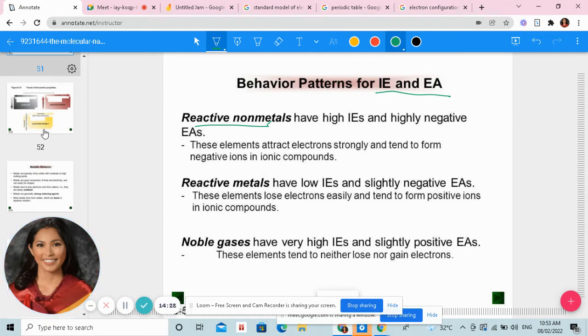Oh, sige. Okay na. We have reactive non-metals. Reactive non-metals have high IE and highly negative EA. So these elements attract electrons strongly and tend to form negative ions in ionic compounds. So they are non-metals, they tend to form anions, and they have high ionization energy and highly negative electron affinity.